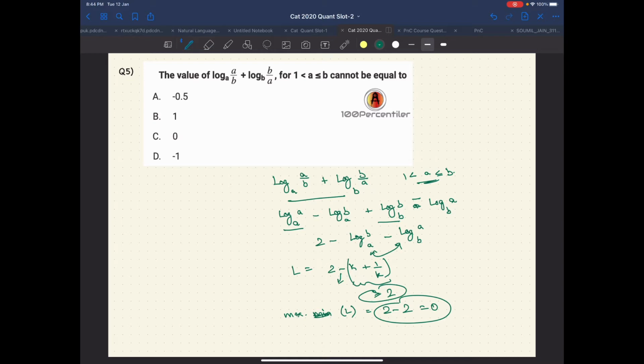So if we take k plus 1 upon k greater or equal to 2, let's say it's 3, then 2 minus 3 is minus 1. So therefore maximum value of L is 0 and no value of L greater than 0 is possible, and therefore B is the possible answer. B is the answer here, because that is the only value which is greater than 0.